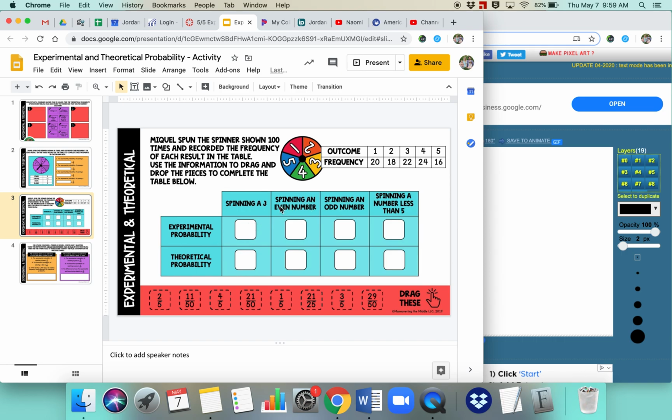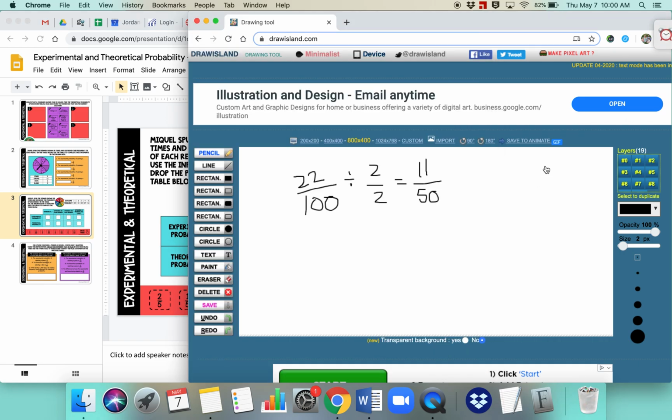Spinning an even number. So evens are 2 and 4. So we have 18 plus 24. And we would find that total. So that's 42 out of 100.